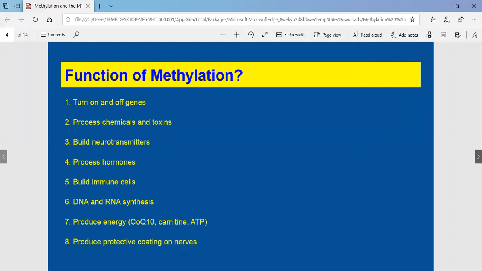You need that methyl group or methylation in order to detoxify your body, build neurotransmitters, like I said, to process hormones in a way where you have more of the better hormones and less of the bad ones. Then again, to build your immune cells, methylation helps with the building of white blood cells. It also helps with your DNA and RNA synthesis, energy, of course, and is very protective to your nerves.